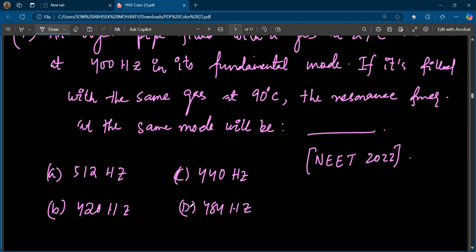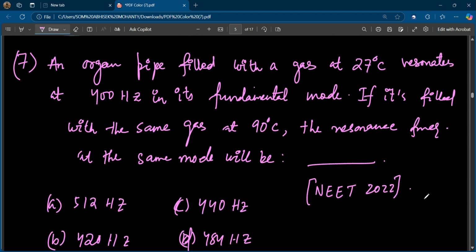Okay, so try. An organ pipe filled with a gas at 27 degrees Celsius resonates at 400 hertz in its fundamental mode. If it is filled with the same gas at 90 degrees Celsius, the resonance frequency at the same mode will be.